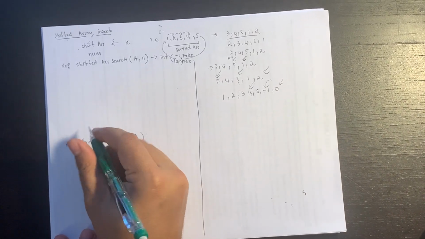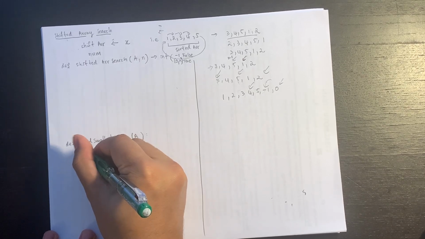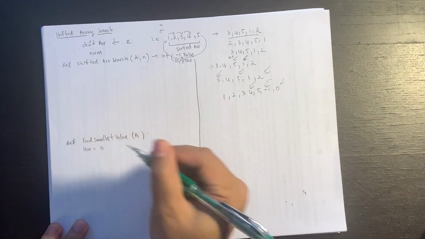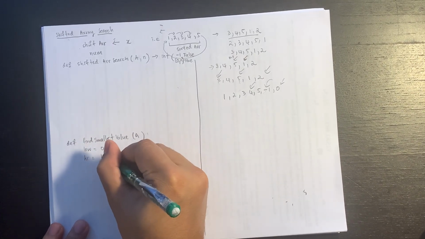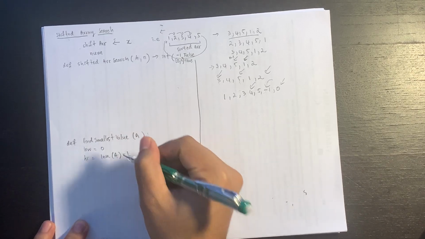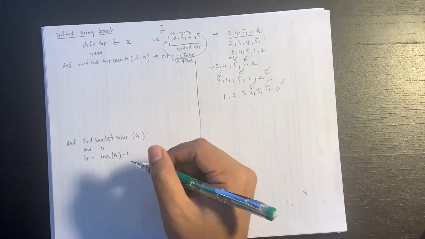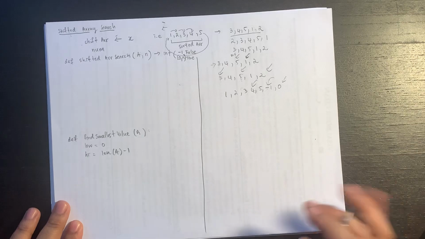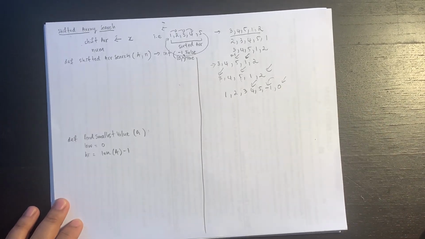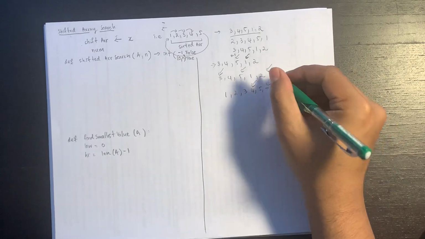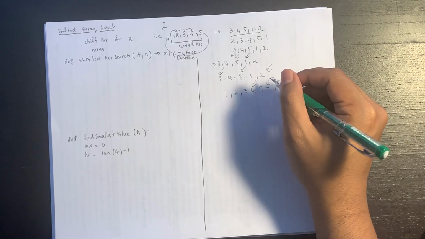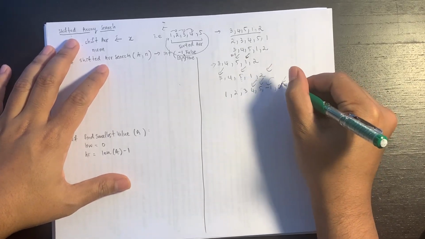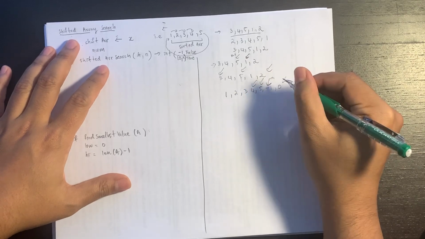So first, in binary search we care about low and high. Low should be 0, high should be the length of A minus 1. And then we see 0, and then we find the mid right here.